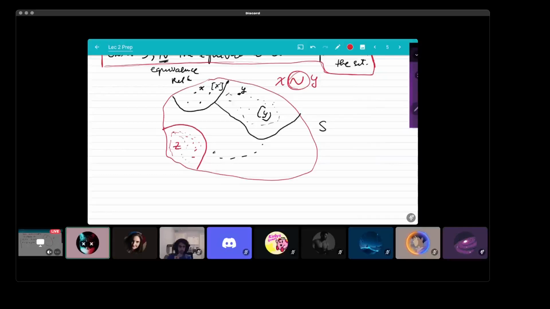When I run out of elements that are similar to it, and I start a new little group, there is no way that I will still have some overlapping, because I already ran out of elements that are similar to z. So it's indeed a partition.